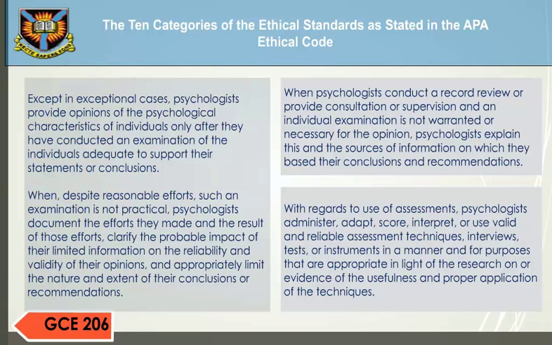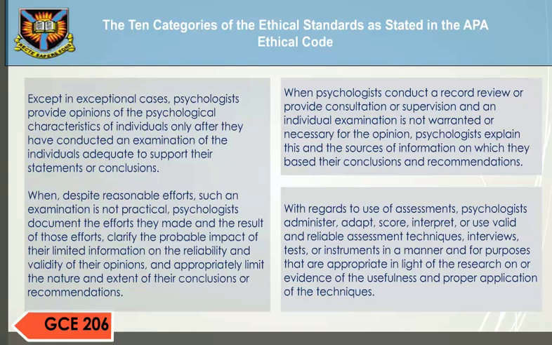When, despite reasonable efforts, such an examination is not practicable, psychologists document the efforts they made and the result of these efforts, clarify the probable impact of their limited information on the reliability and validity of their opinions, and appropriately limit the nature and extent of their conclusions or recommendations.